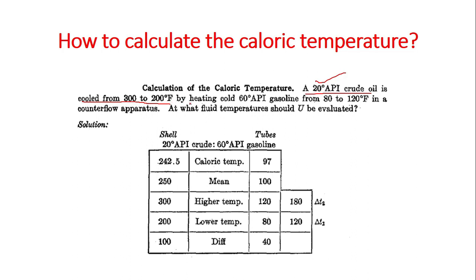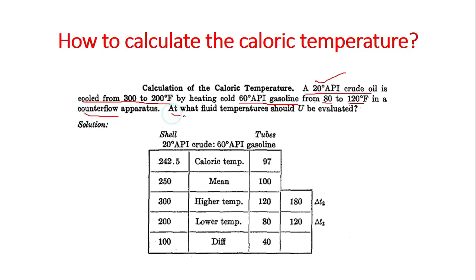This fluid is heating the cold fluid, which is 60-degree API gravity gasoline, with an inlet temperature of 80 and an outlet temperature of 120 Fahrenheit, in a counter-current flow apparatus.